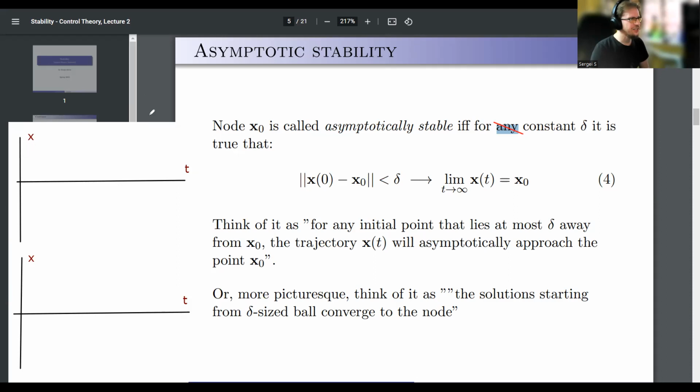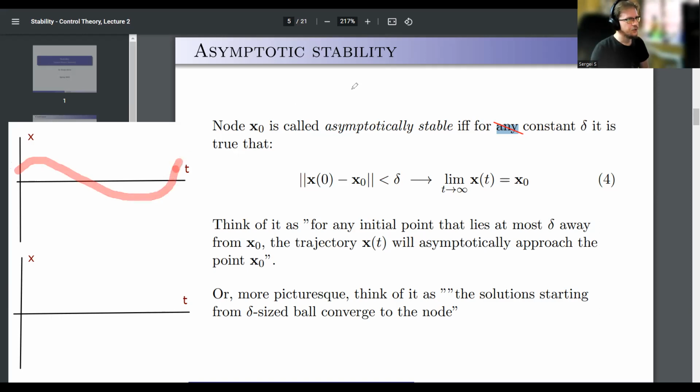If the system is marginally stable, so if the system is stable but not asymptotically stable, it can, for example, look like a sinusoid or something else. Let's say something like this.